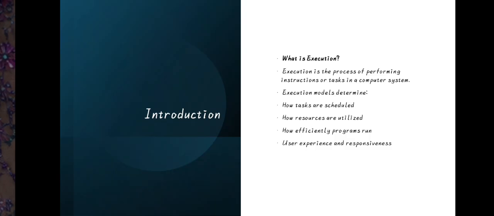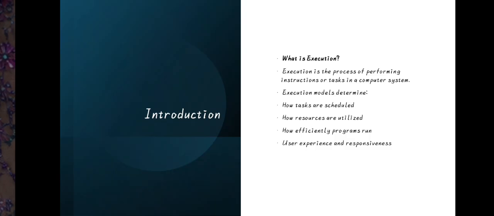That means executing a process, performing instructions or tasks in a computer. These are the executions of the program.